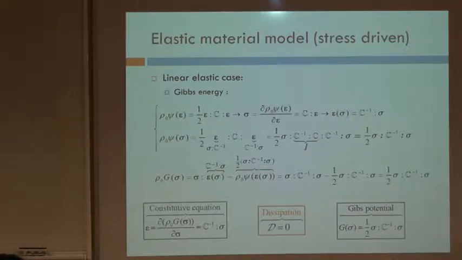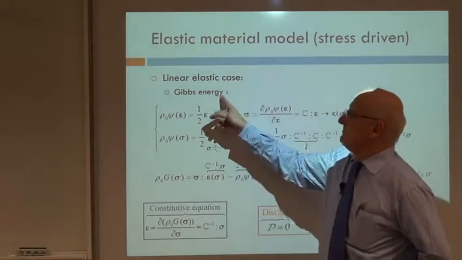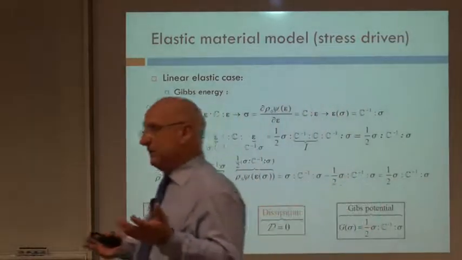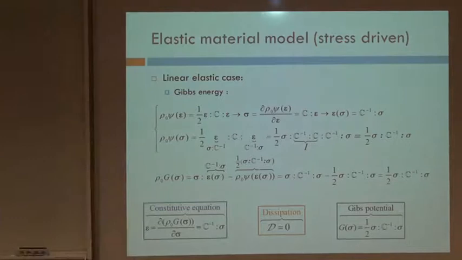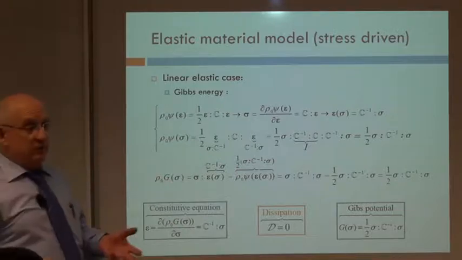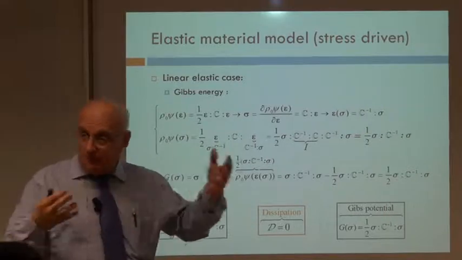And now, of course, the material will change depending on the Gibbs energy I define. I'm just trying to see that the same material model can be defined in an equivalent manner in terms of the stresses or in terms of the strains. That's what I'm trying to see. So imagine that I've just defined the elastic material model in terms of the strains.